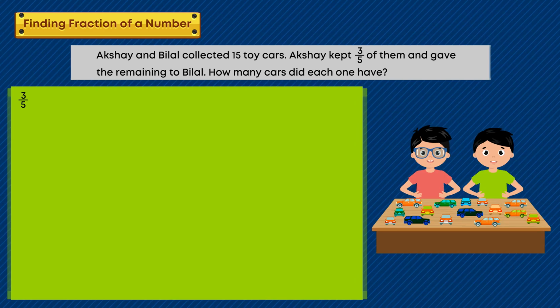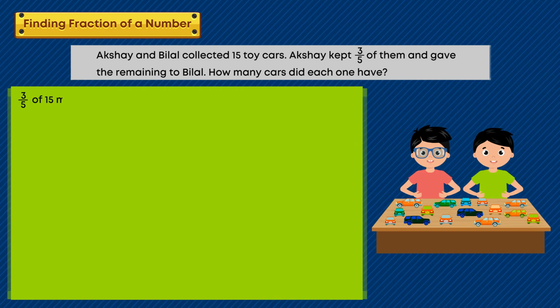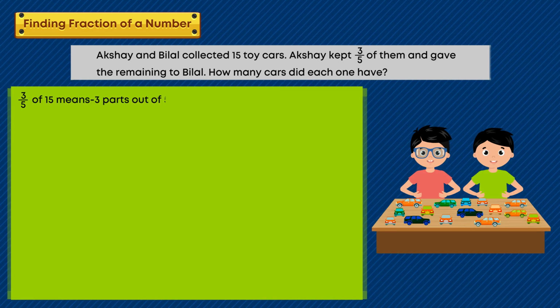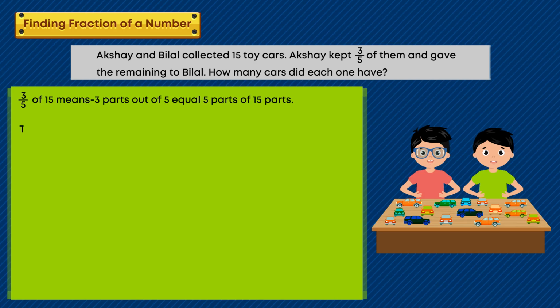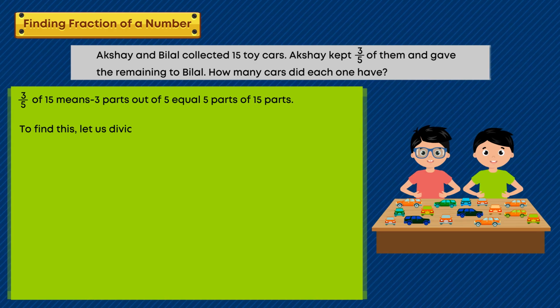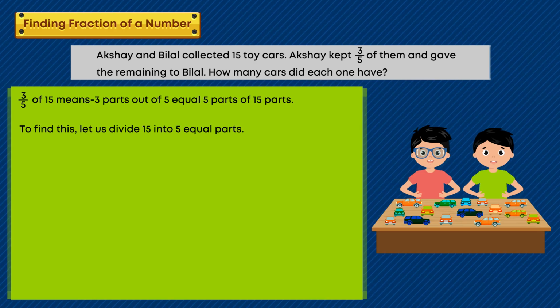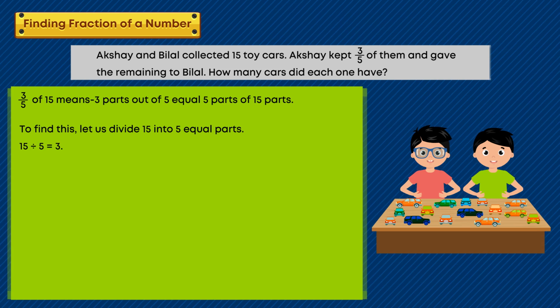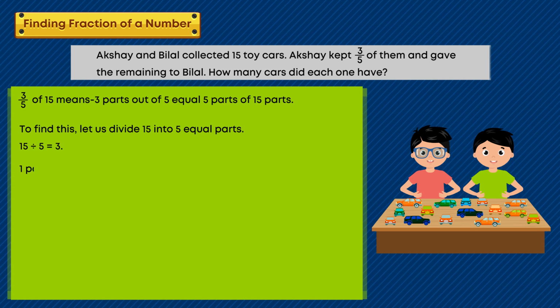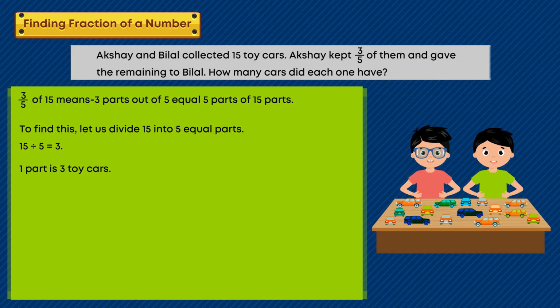3 by 5 of 15 means 3 parts out of 5 equal parts of 15. To find this, let us divide 15 into 5 equal parts. 15 divided by 5 is equal to 3. 1 part is 3 toy cars.